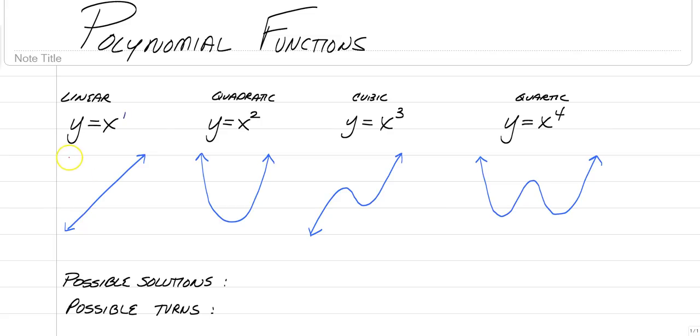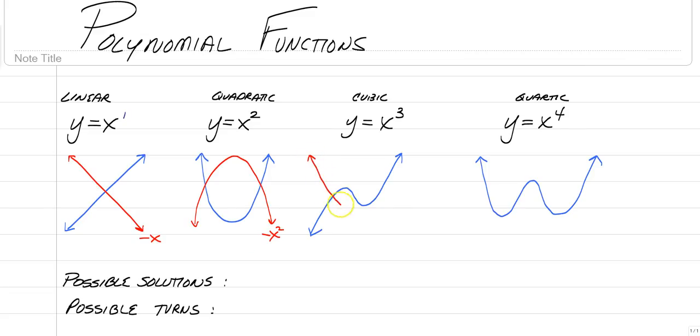And of course, we can make these negative too. So that would be a negative x. This would be a negative x squared. So we know before, multiplying by a negative just reflects it over the x-axis. So they're going to change directions.